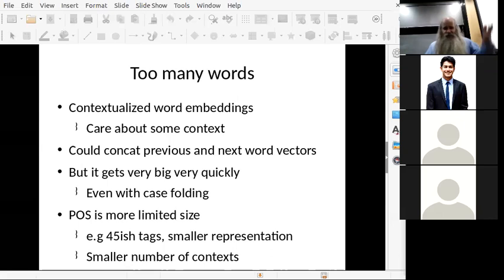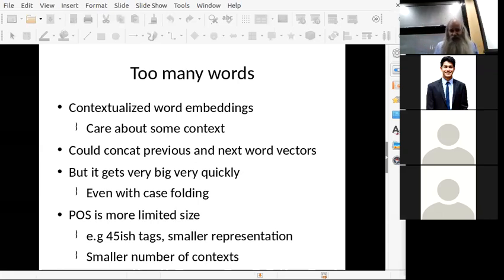And there's maybe 45 different tags, or 10 tags if you use the universal Google tag set, which loses some information but is easier to label and is available in more languages. So you end up with a smaller representation, and so your machine learning can find patterns that are more important.